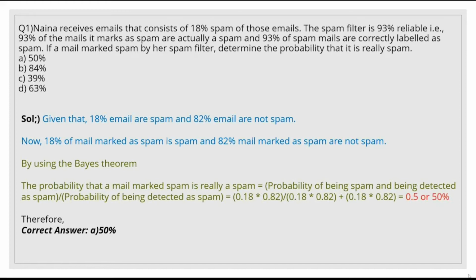Now, detection of an email to be spam or non-spam is the most basic application of Bayes' theorem. It classifies the emails on the basis of the words which are used in spam emails versus non-spam emails.